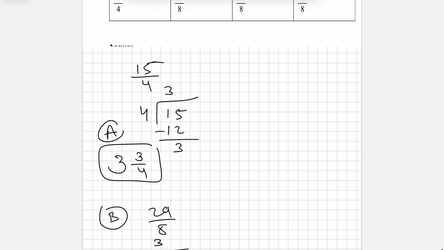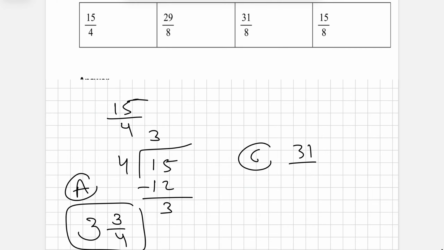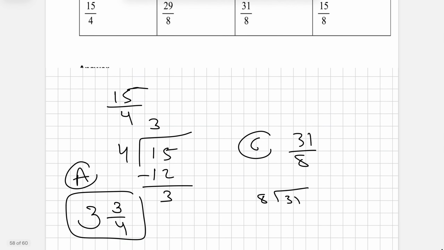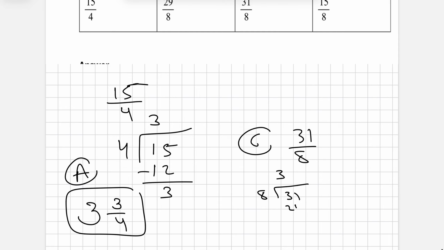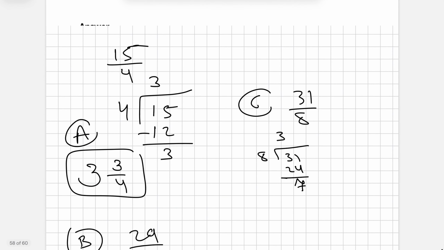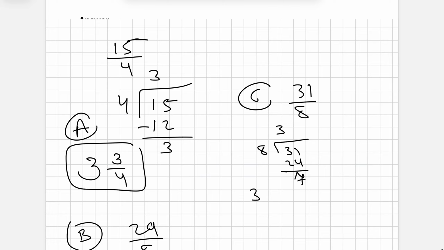Option C is 31 over 8. Using long division again, we multiply by 3, 24, subtract, and it's going to be 7. So the answer is 3 and 7 over 8.